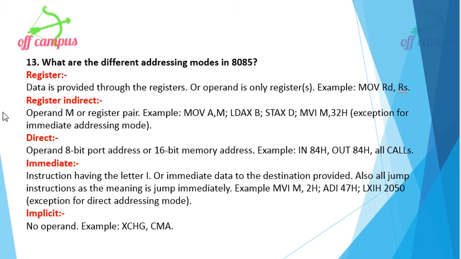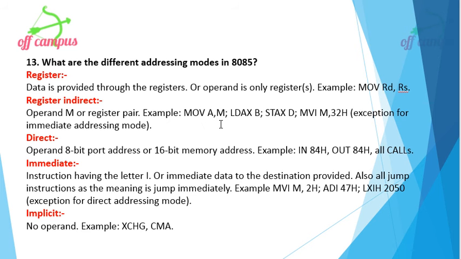Then register indirect addressing. What is register indirect addressing? The operand is M or a register pair. Here the operand is M or a register pair, meaning BC, DE; X denotes the register pair. LDAX means load data from the BC register, and STAX stores data at DE or any given memory location.